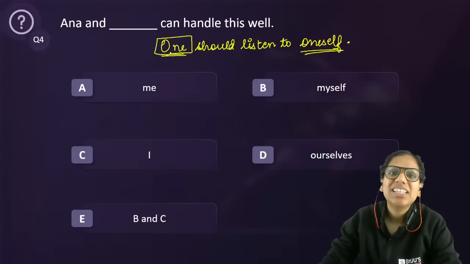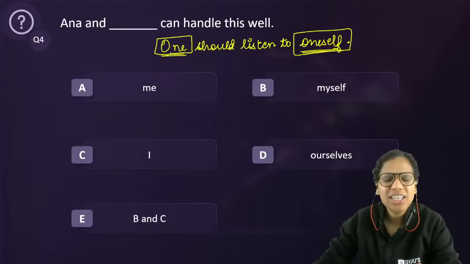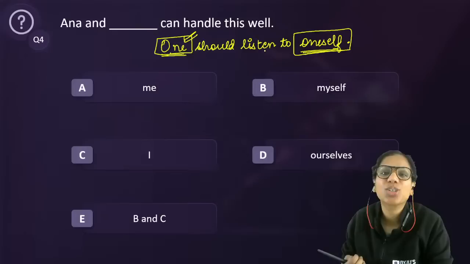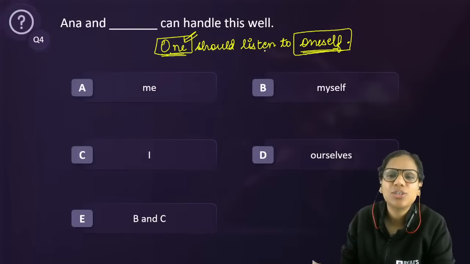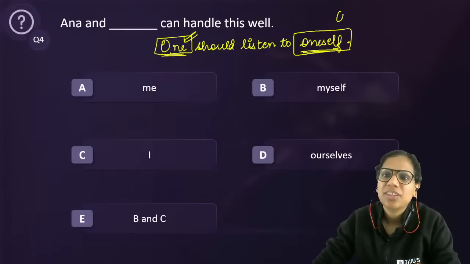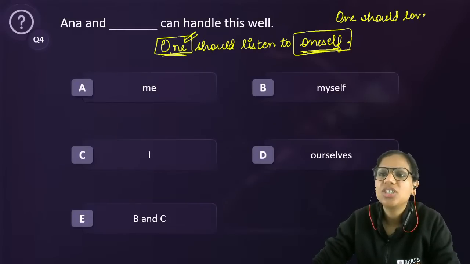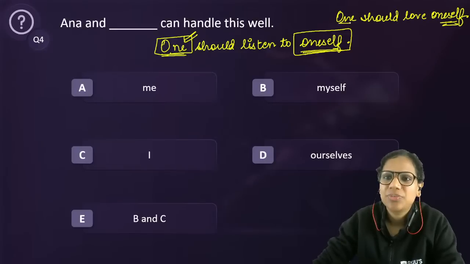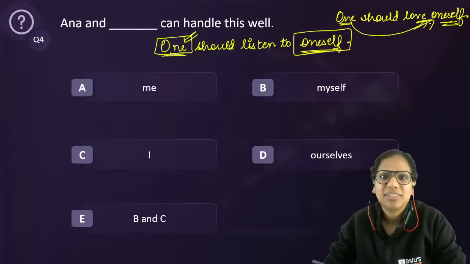This is again a reflexive usage only. You are the one who is performing this action, and you are the one who is receiving this action of listening also. One should love oneself. So this is just a generalized form of myself, yourself, themselves, etc. That's the usage.